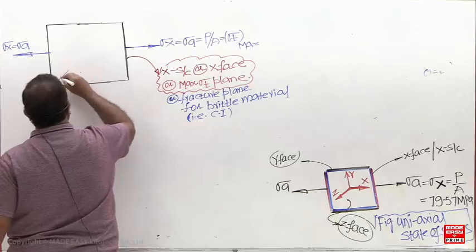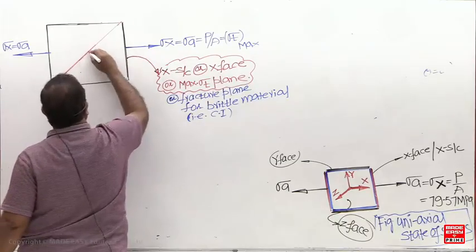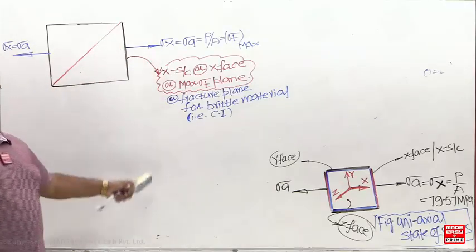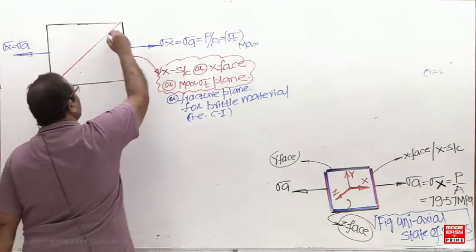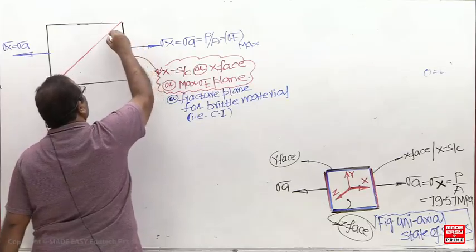This is the 45 degrees plane. That is the maximum shear stress plane. Theta is always measured from here.